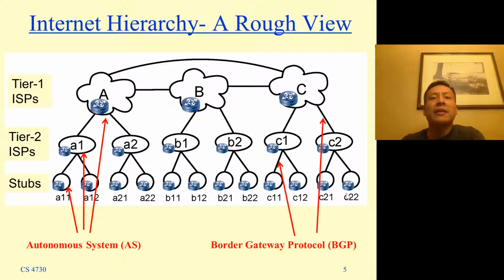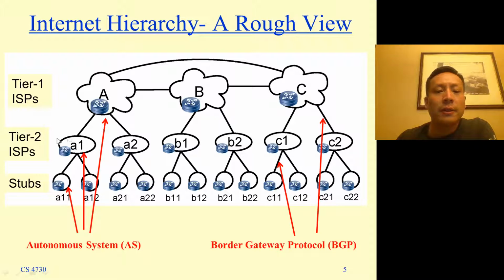So this is a rough view of the internet hierarchy. As I mentioned, it's roughly a hierarchical structure in which the top tier is the tier one ISPs like AT&T, Sprint, Verizon, those big national ISPs, and below that are regional ISPs.